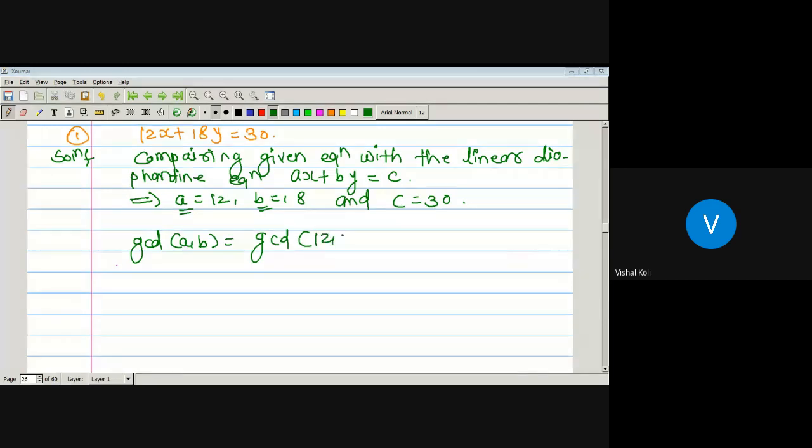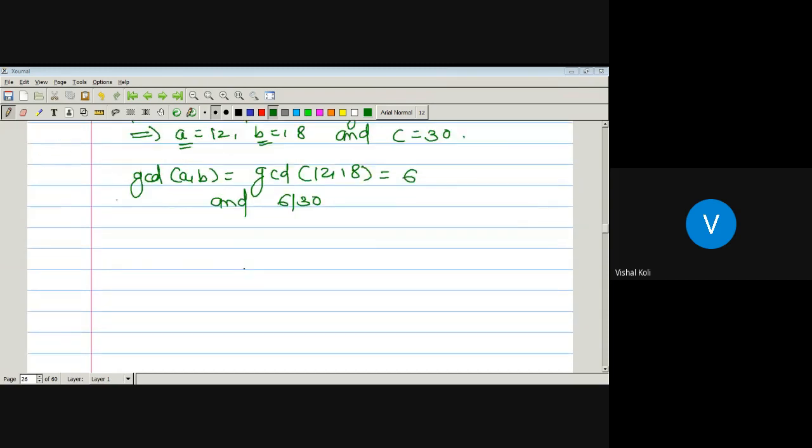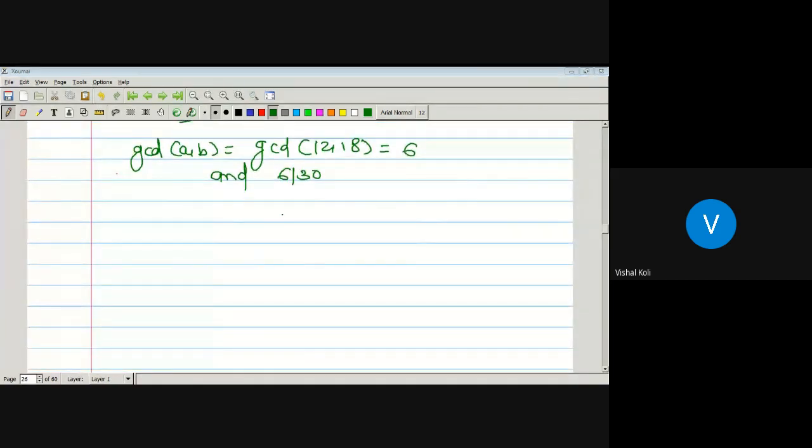So what is the GCD of 12 and 18? 6. And whether 6 divides 30? As 6 divides 30, then by that result, the linear Diophantine equation has a solution if and only if GCD of a, b divides c. So as here GCD of 12 and 18 divides 30, it implies that the given equation 12x plus 18y equal to 30 has a solution.